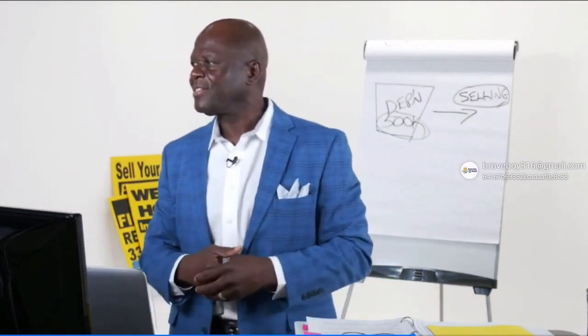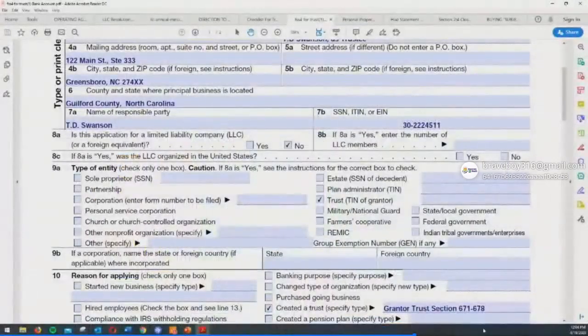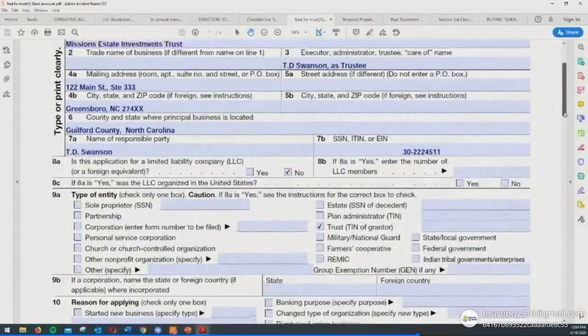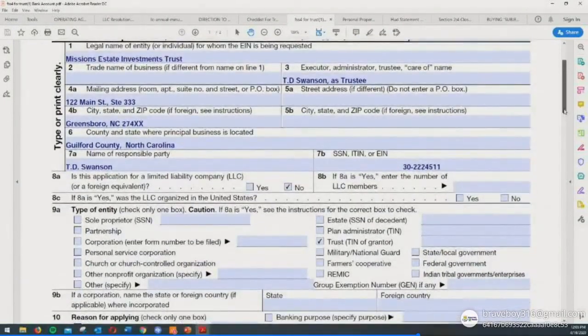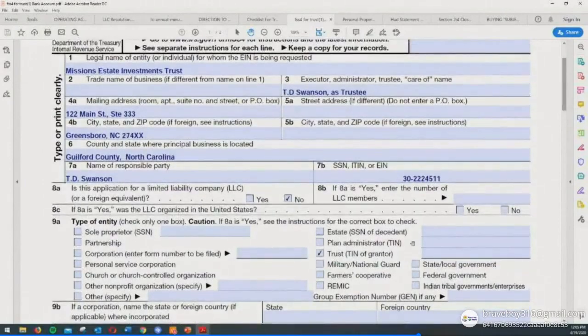Let's go back to the other screen with the bank account checklist. So again, don't start fretting because you're having to put your social security number here. You actually could put your LLC's EIN number there. That doesn't mean that this is your money.